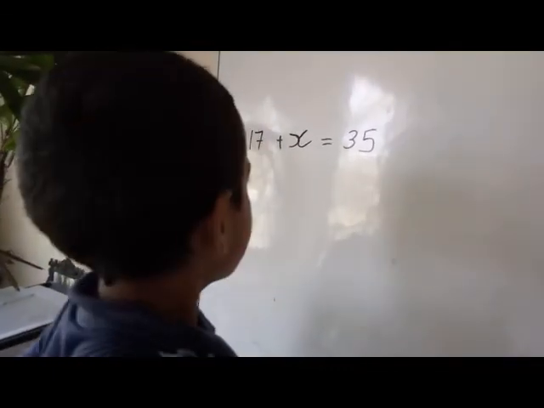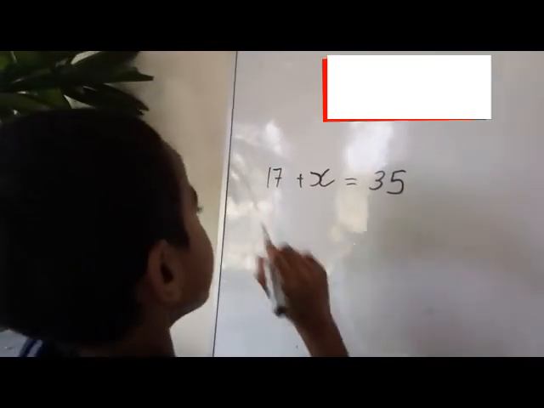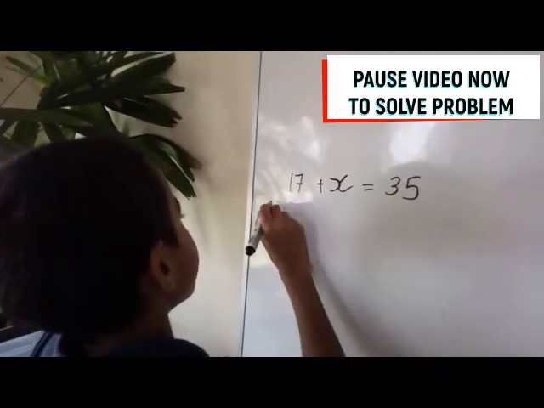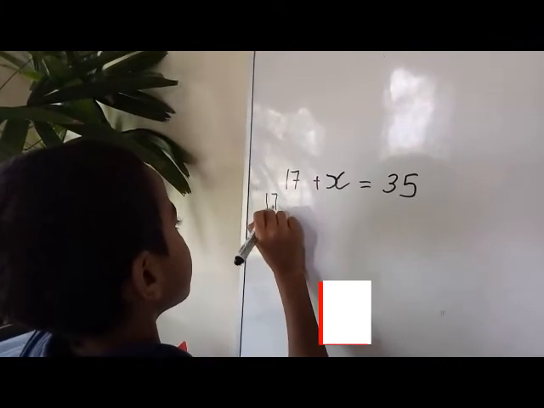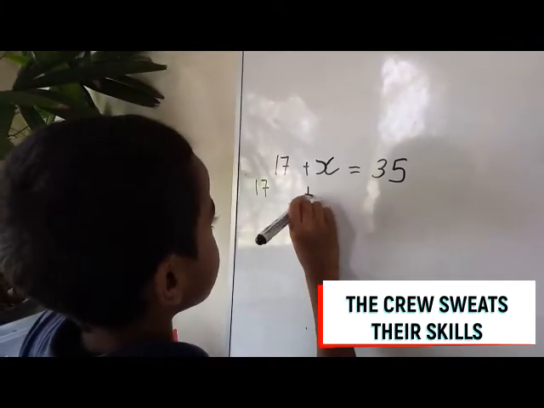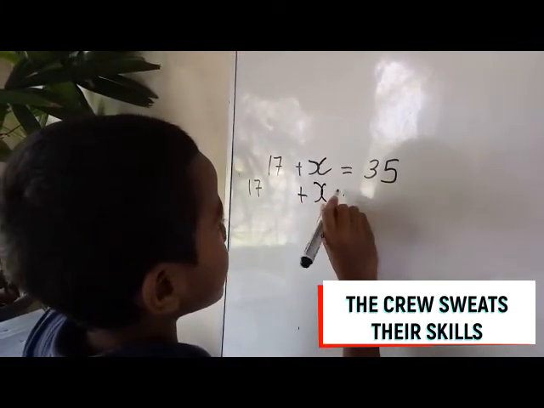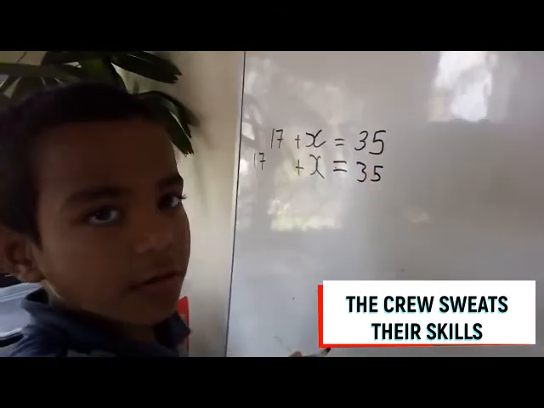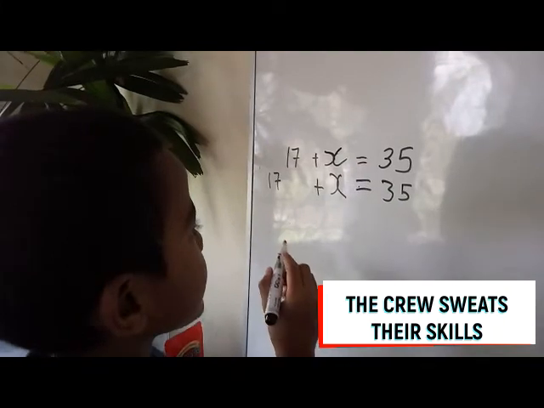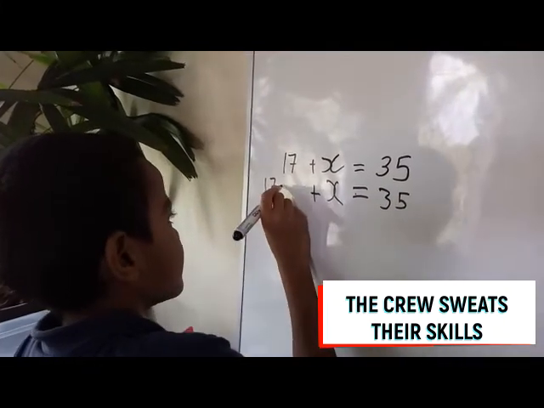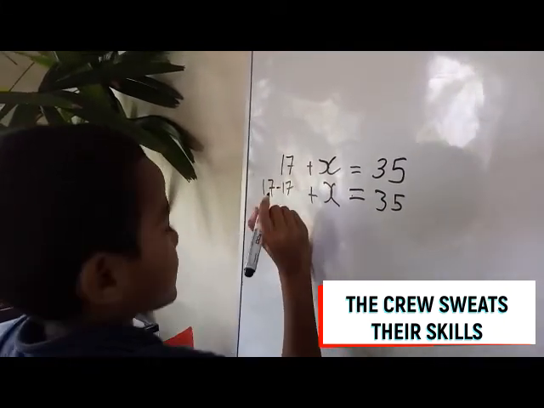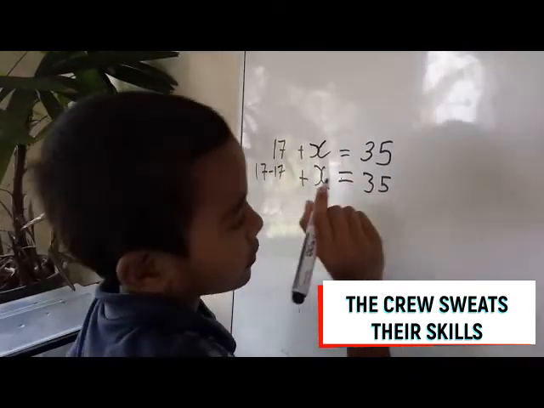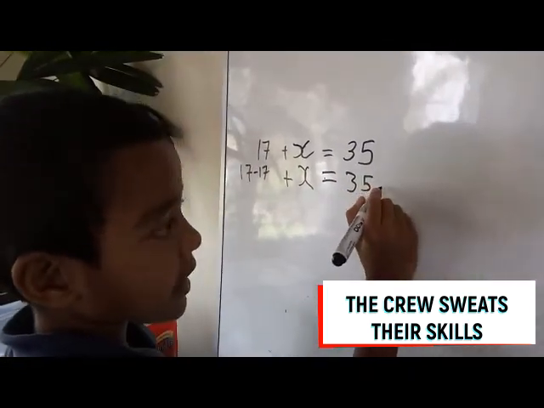Doing algebra. First thing you want to do is get rid of this 17. So you put 17 plus x equals 35. So you want to get rid of the 17, so you minus 17. But you want to and have to do the same thing on the other side.